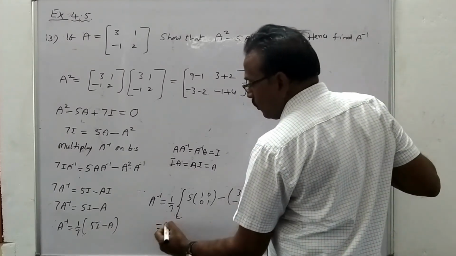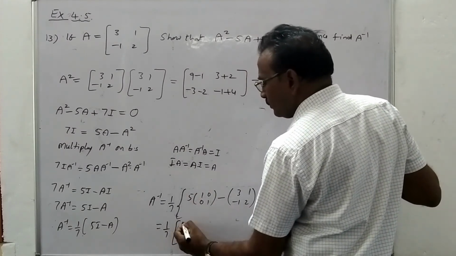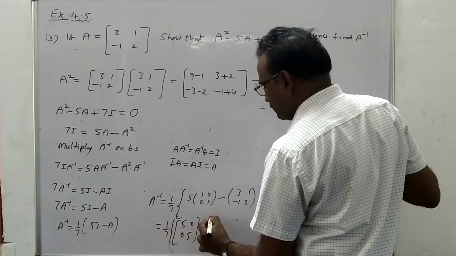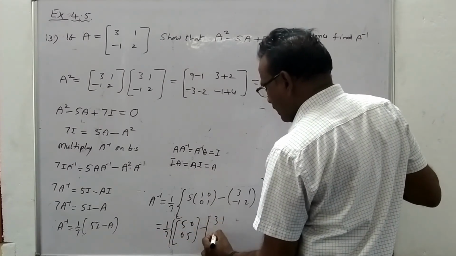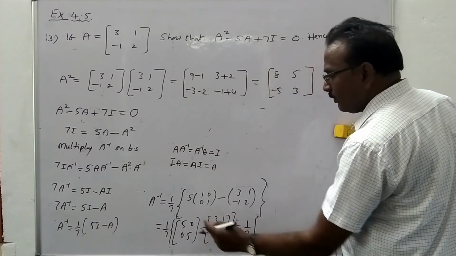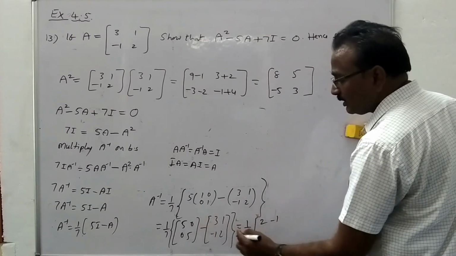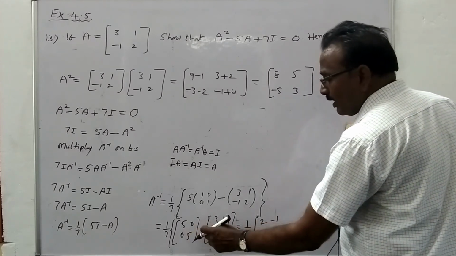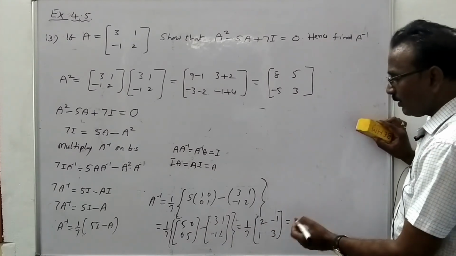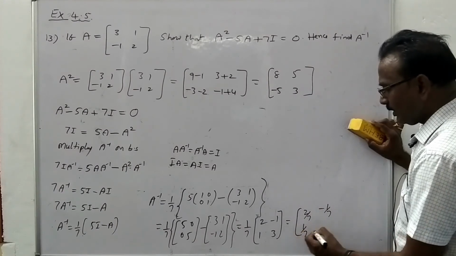That is 1 by 7 into [5 0; 0 5] minus [3 1; minus 1 2], that is 1 by 7 into [5 minus 3, 0 minus 1; 0 plus 1, 5 minus 2], that is [2 minus 1; 1 3]. Multiply every element by 1 by 7, so that is [2 by 7, minus 1 by 7; 1 by 7, 3 by 7].